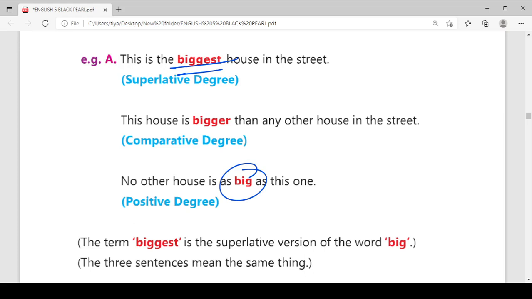Many times the examiner asks a question to change the form of the degrees, like superlative to comparative, comparative to positive, positive to comparative, or comparative to superlative. This is common, and the term biggest is the superlative version of the word big, and the three sentences mean the same thing.